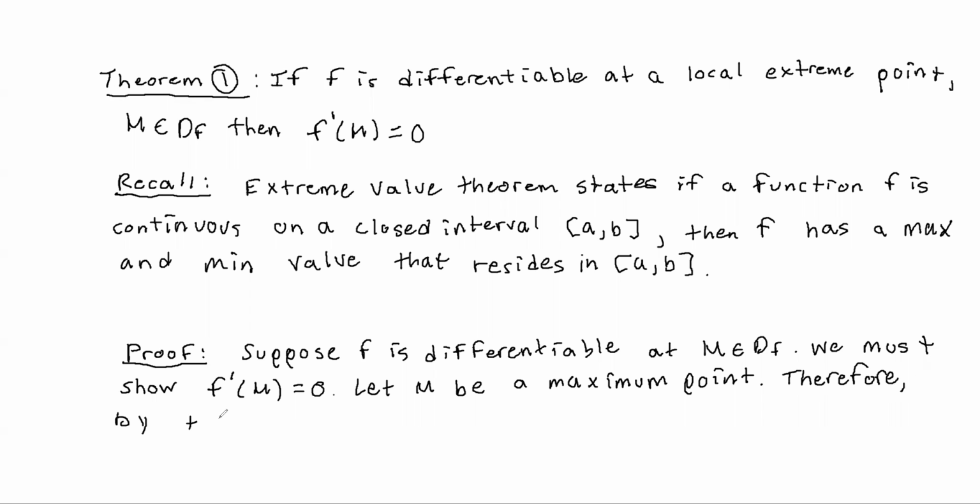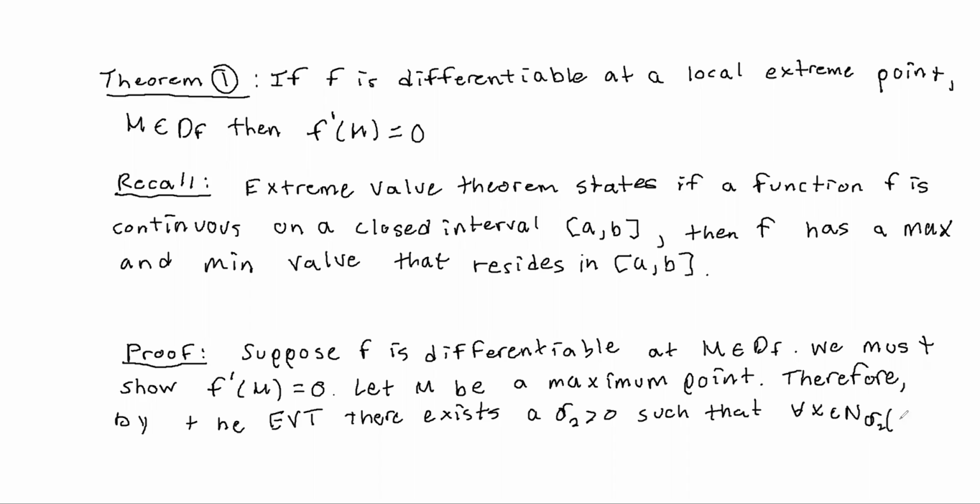by the extreme value theorem, EVT, there exists a delta sub 2 greater than 0 such that for all x in the delta sub 2 neighborhood of mu and for all x in D sub f.